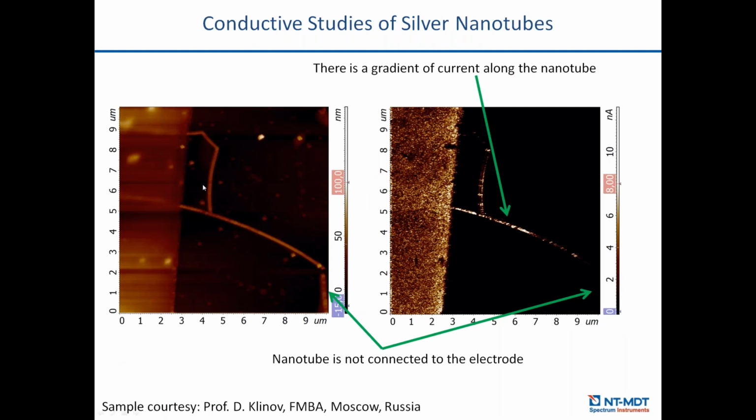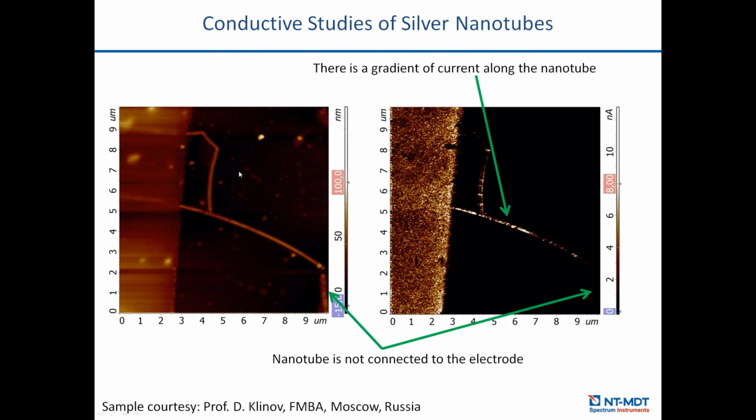There were studies of conductive nanotubes, which were spread over the surface with an electrical contact on it, and we applied the voltage to this contact and studied the conductivity of these nanotubes.